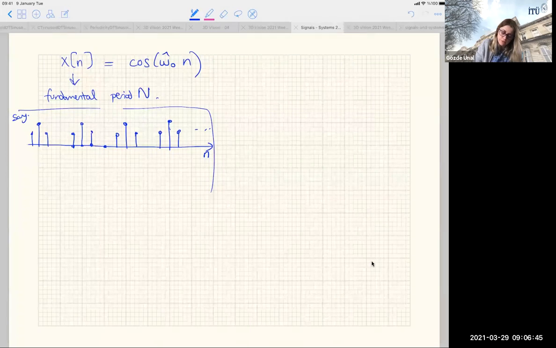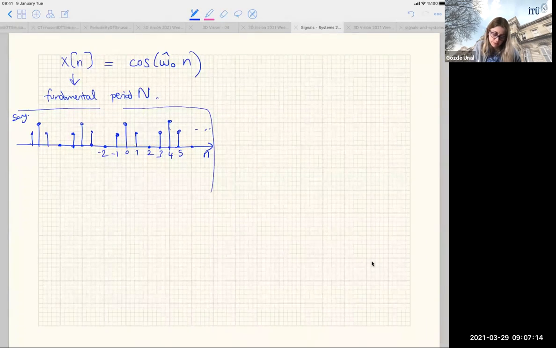Let me give some numbers here. What is the fundamental period of this signal?